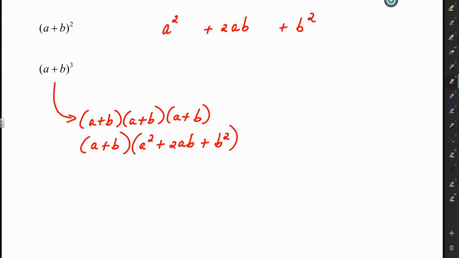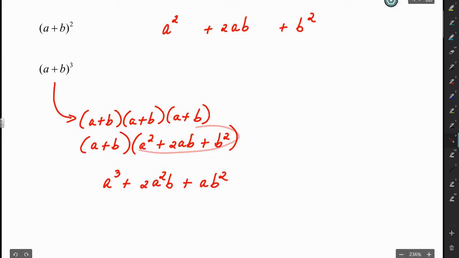So when I multiply a by every term in the trinomial, I'm going to get a cubed plus 2a squared b plus ab squared. And when I multiply b by every term in the trinomial, I'm going to write those aligning with like terms in this first expression.